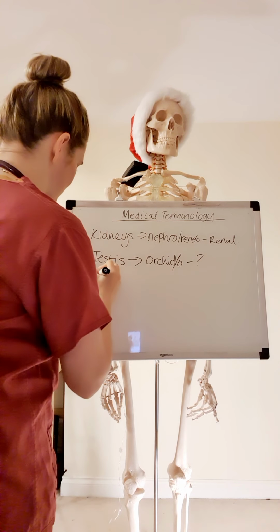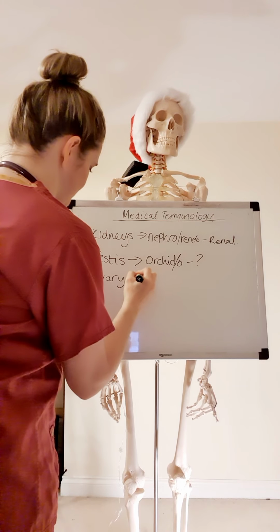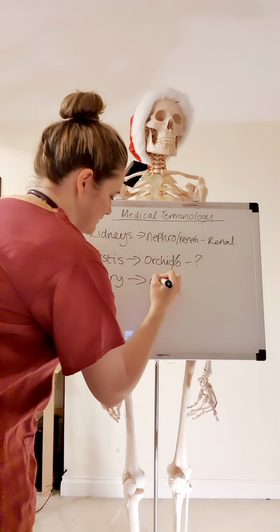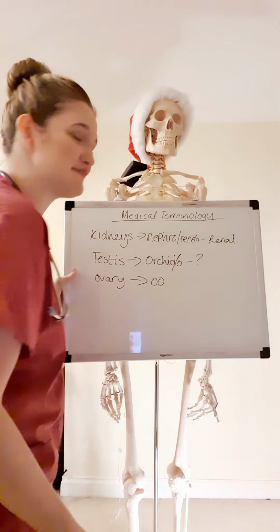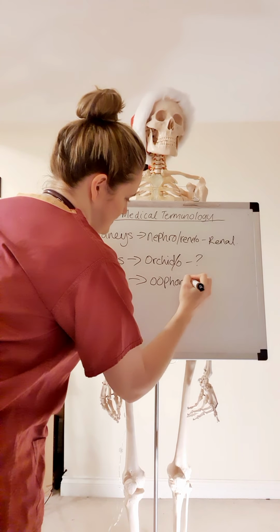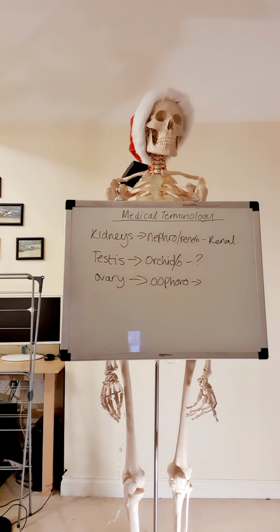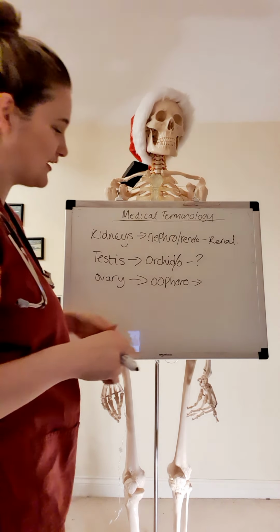So opposite of that we've got the ovaries, and that is an even fancier word than the testes. And that is, as far as I'm aware, I don't even think I'm going to try and pronounce that. We can have a laugh though, can't we?